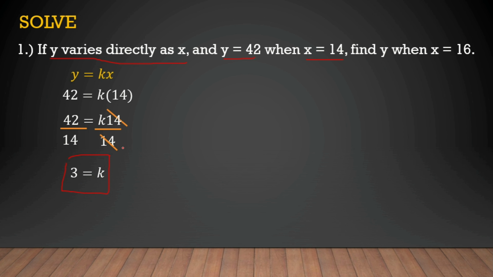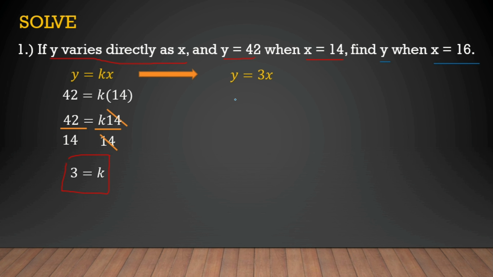Pag nahanap na ang constant of variation, so from here, sa equation na to, isa-substitute lang natin yung k na to dito sa equation. So, y is equals to 3x. Mula dito, hahanapin naman natin yung y. Find y when x is 16.